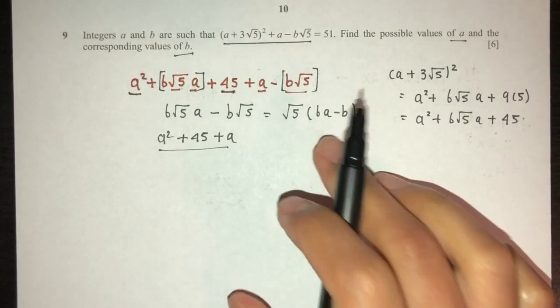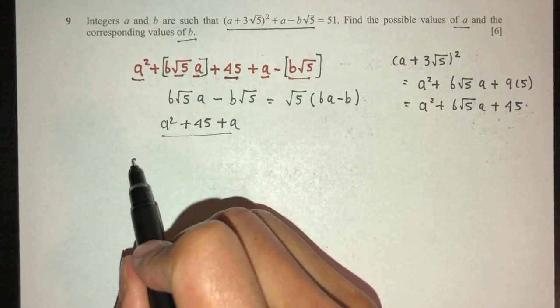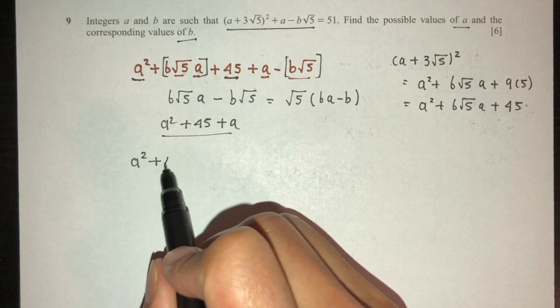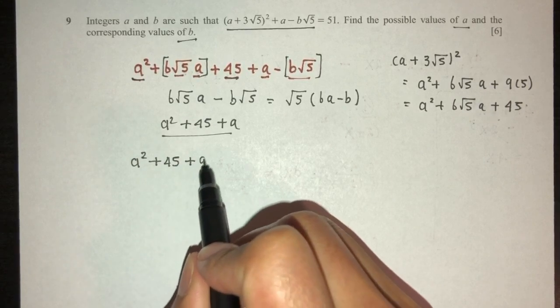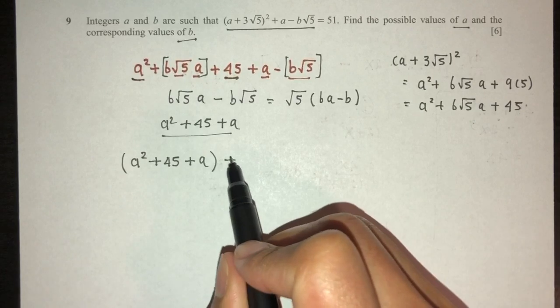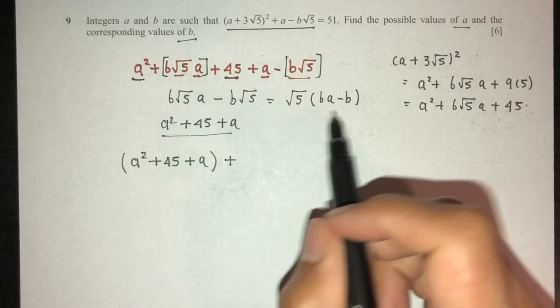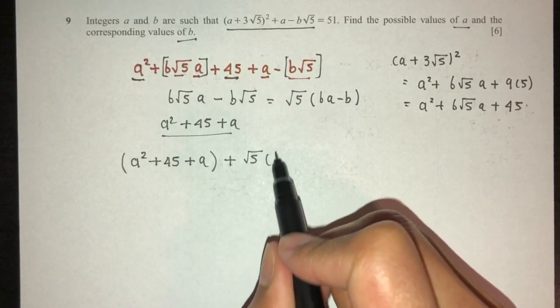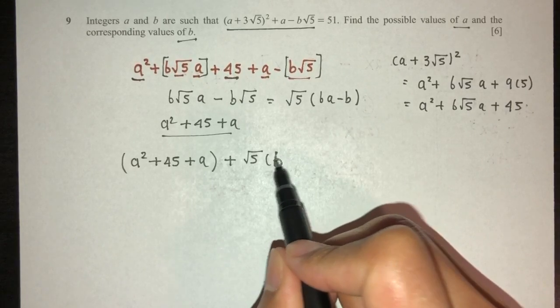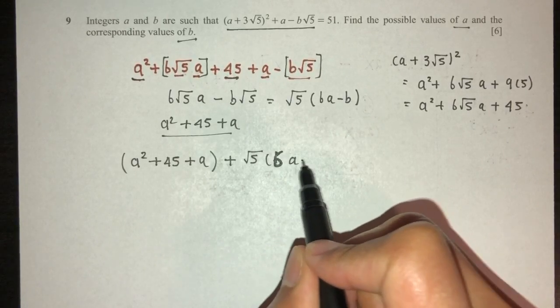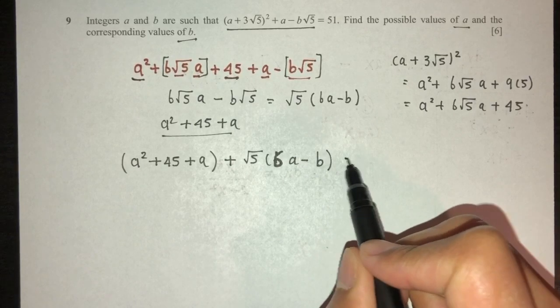So your equation has two parts. One is a squared plus 45 plus a, and then plus root 5 times (6a minus b) equal to 51.